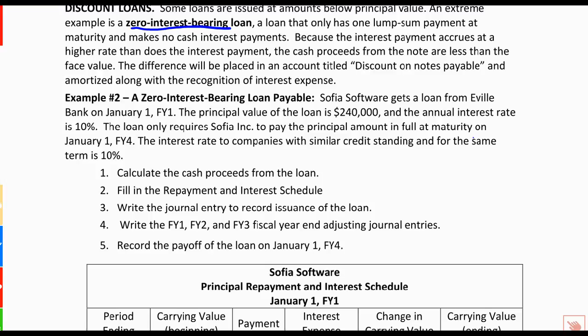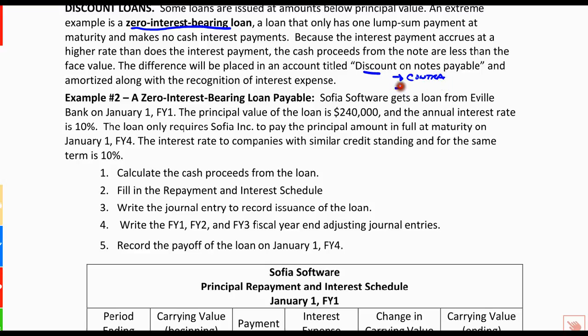So to value the difference between the face value of the item and today's book value of the item, we're going to use an account called a discount account. Because it has a normal debit balance, it is a liability. This one in particular could be referred to as a contra account.